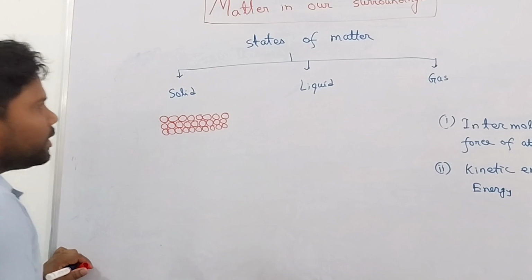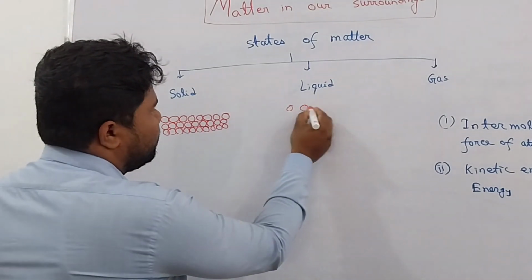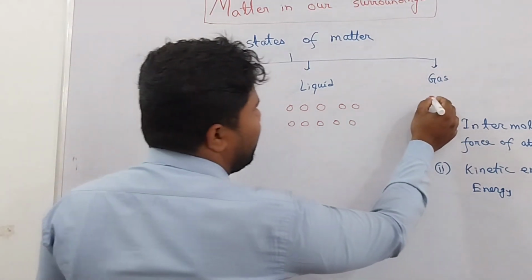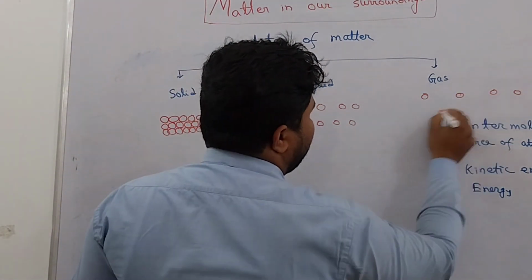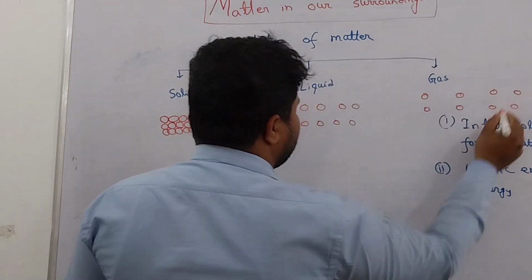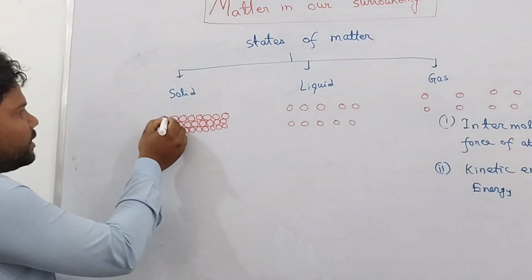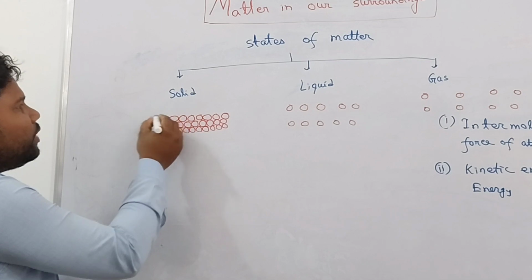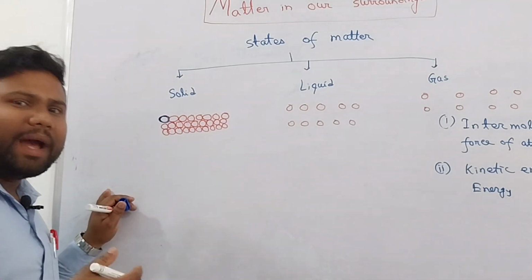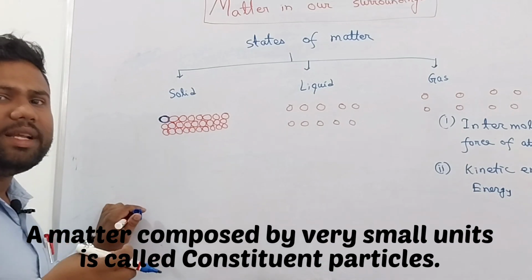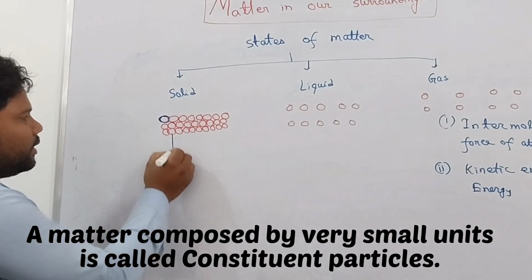So this is the solid, this is the liquid, and this is the gas. This is the small unit of matter. A matter is composed of a very small unit that is called a constituent particle.